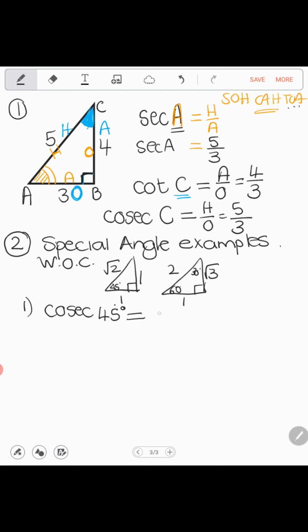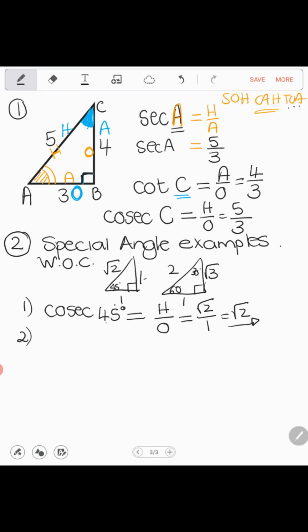So it's going to be hypotenuse over opposite, the reciprocal of sine. And then I have to think about which triangle I'm using, the 45. So for 45, hypotenuse is root 2. Opposite here is 1. So the answer is just going to be root 2.